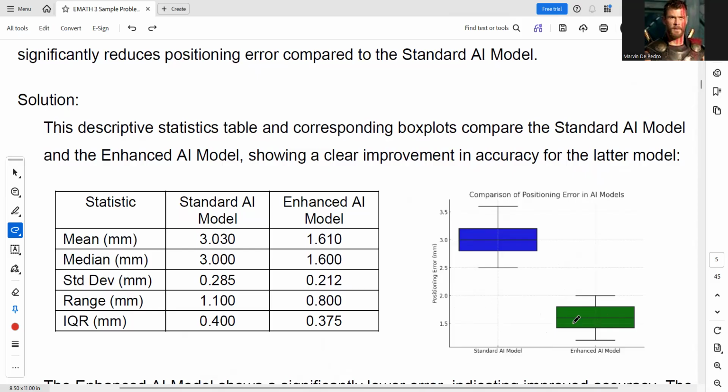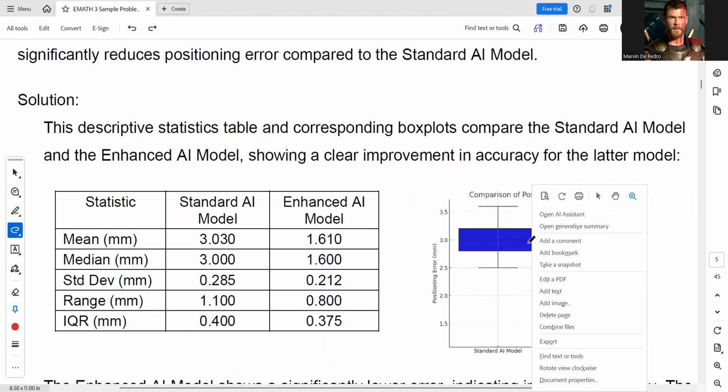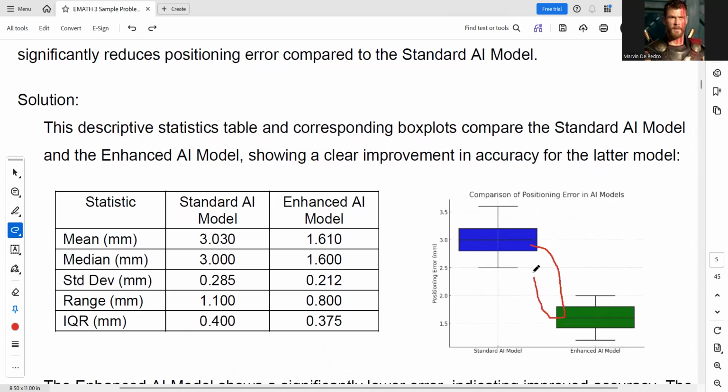Significantly, the boxes do not overlap and the medians are very far apart from each other. Just in case you don't notice, there's no overlapping between the two boxes. This clearly shows that there is a significant difference between the two models.